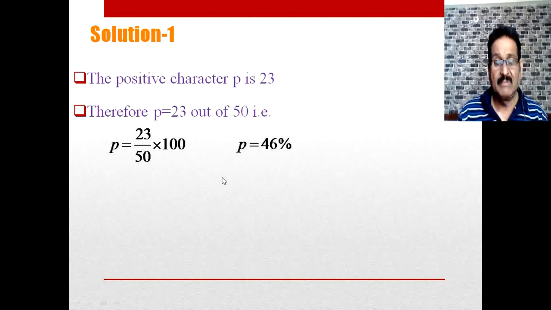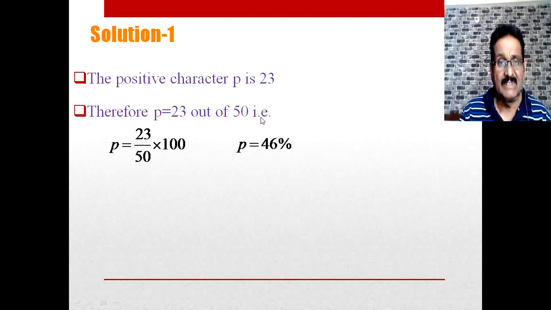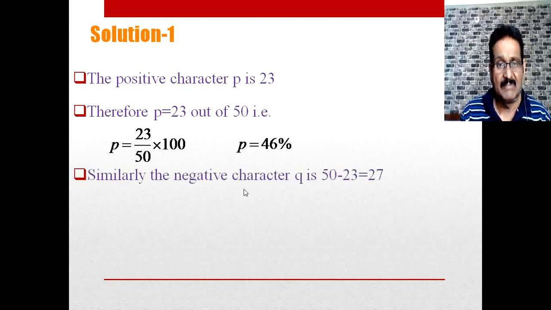Now you have to identify Q. So here you have to identify two things, P and Q, and N is given, that is 50. So P is 46%. Now you can identify Q by two methods.